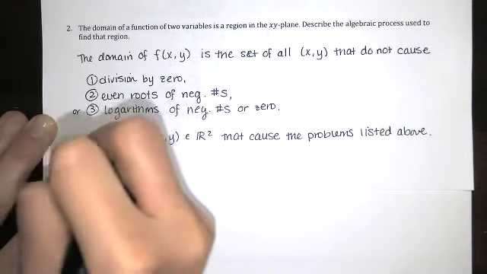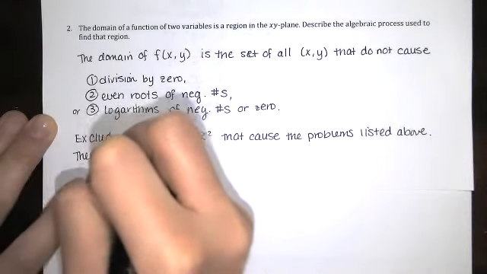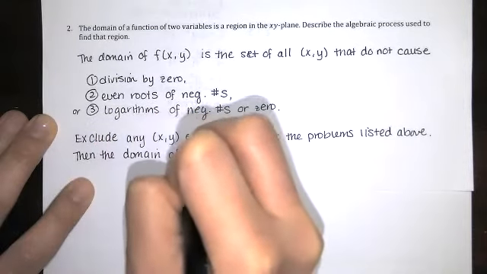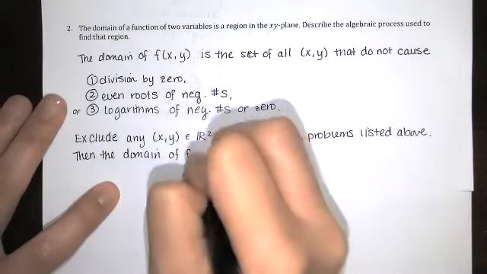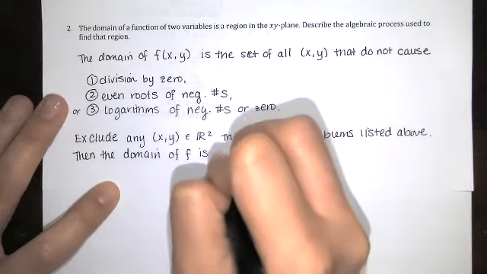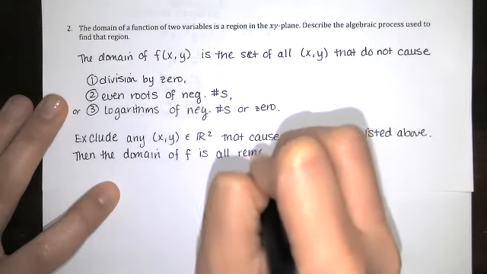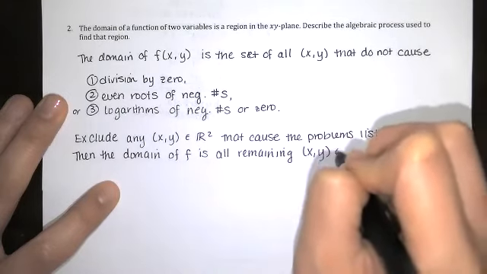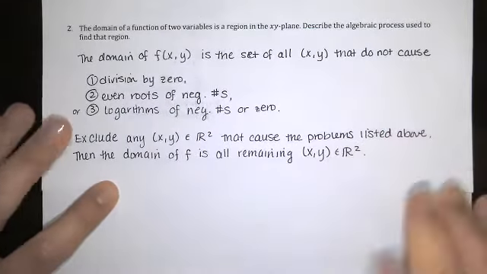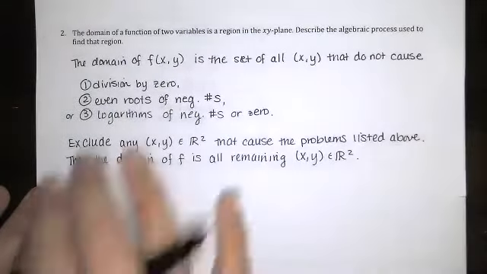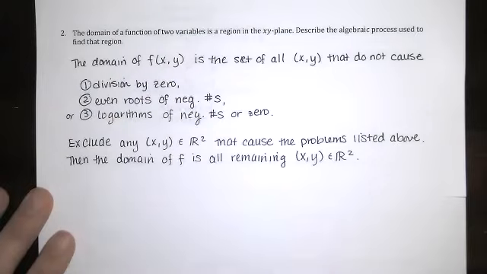Then the domain is all remaining xy pairs in R2. Just like pre-calculus. You want to exclude the values that cause problems, and then everything else is fine. So that's how we find the domain.